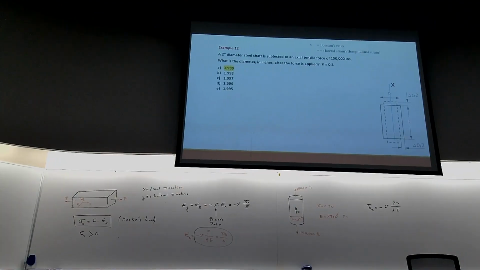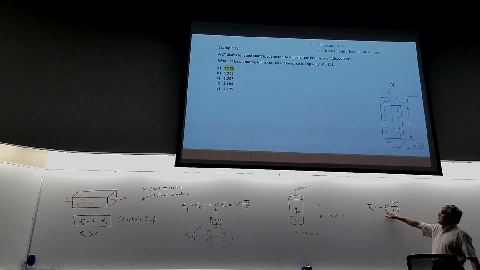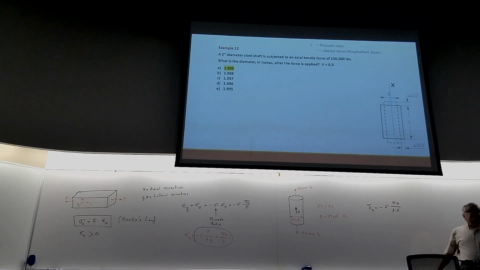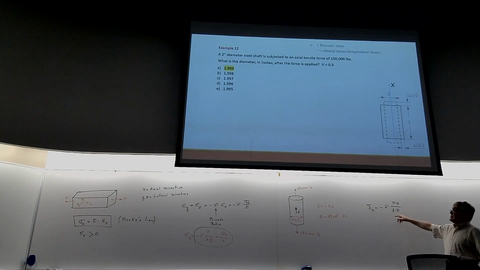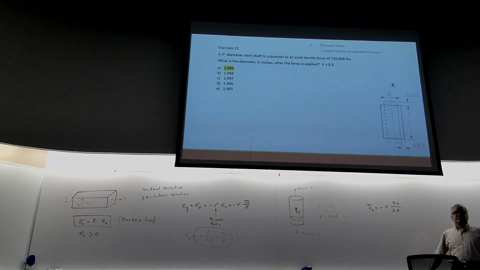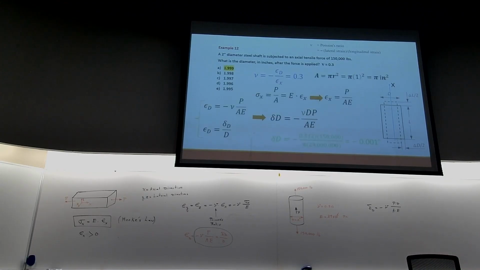And we use standard units, so P will be 150,000 pounds. This is 0.3, no units for Poisson ratio. 2 inches, pi r squared, and R is 1 inch. And E is 29 million. And here are the numbers.